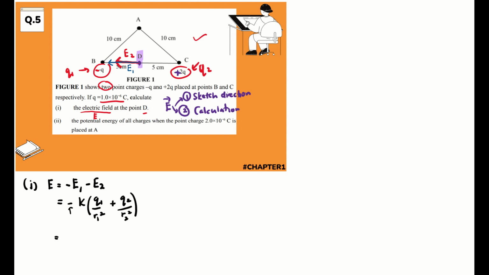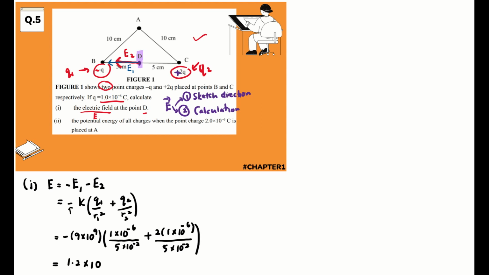So it's supposed to be negative. And you're supposed to get E equal to 1.2 times 10 to 6 newton per coulomb, negative. So negative here is just telling us about the direction, and you can just state your answer as it is.